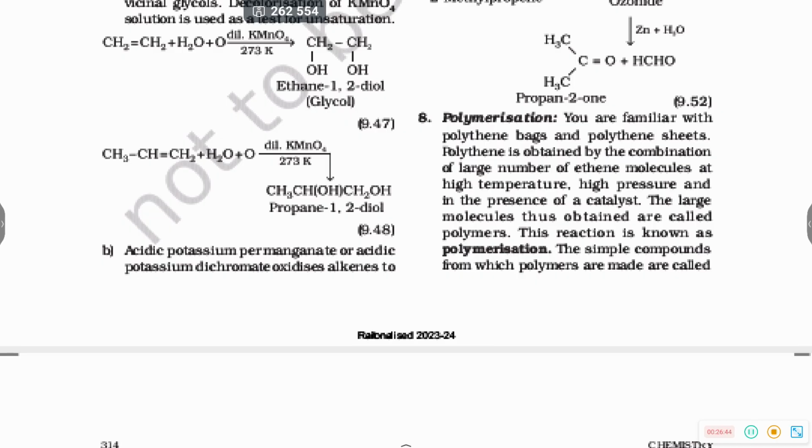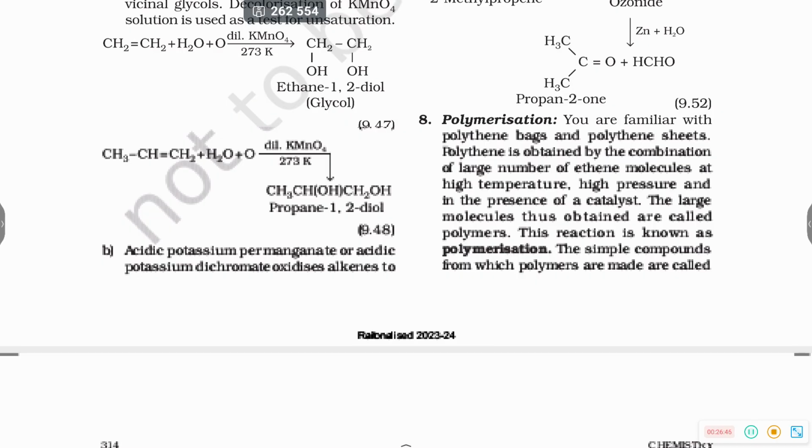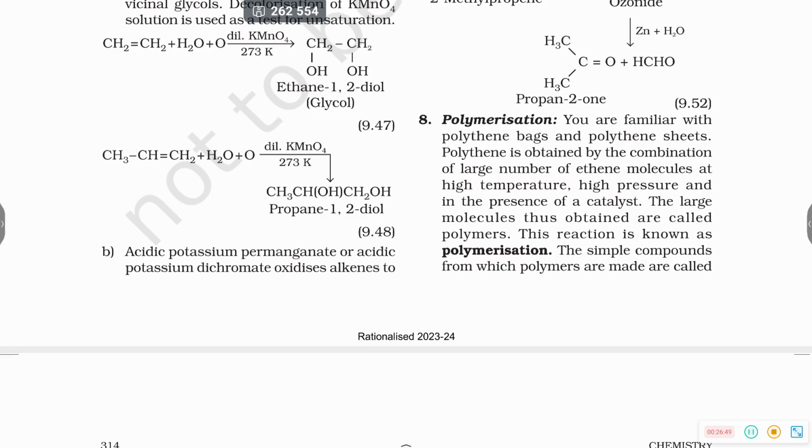You are familiar with polythene bags, polythene sheets. Polythene is obtained by the combination of a large number of ethene molecules at high temperature, high pressure, and in the presence of a catalyst. A polymer means many compounds combined to exist as one unit. So if you take different types of alkenes at high temperature and pressure in the presence of a catalyst, they will combine and form a polymer.